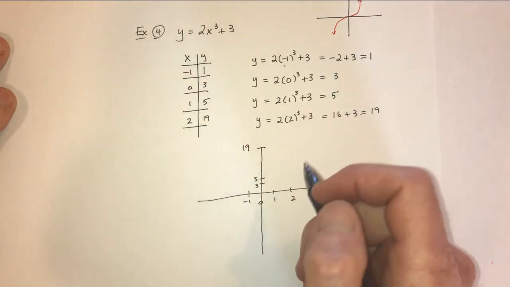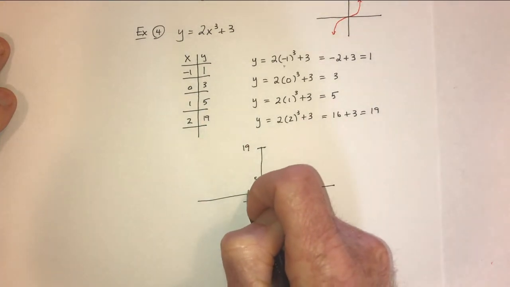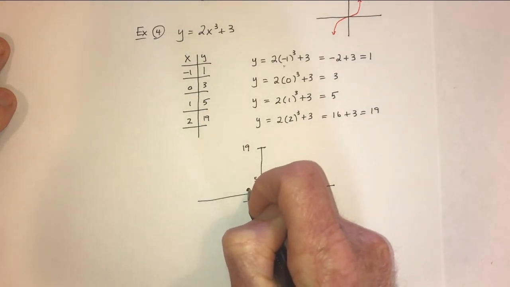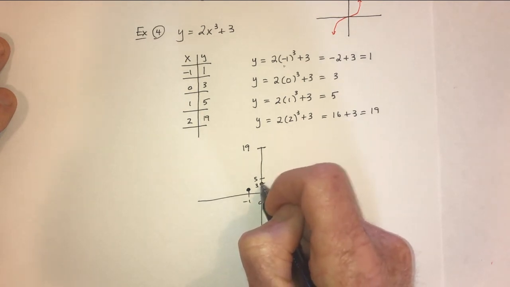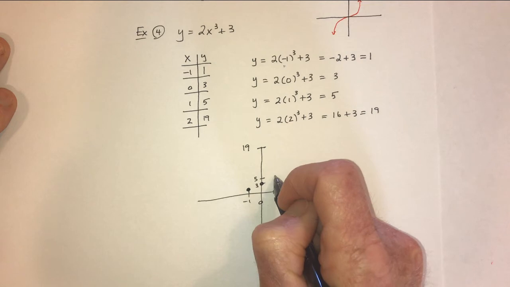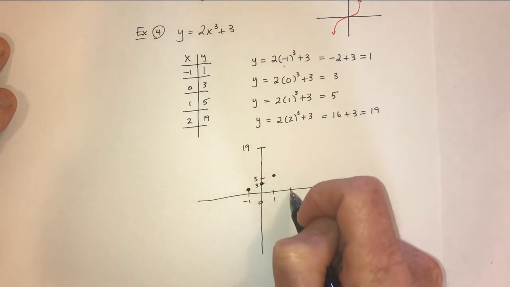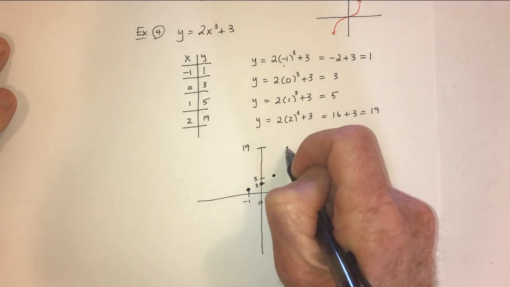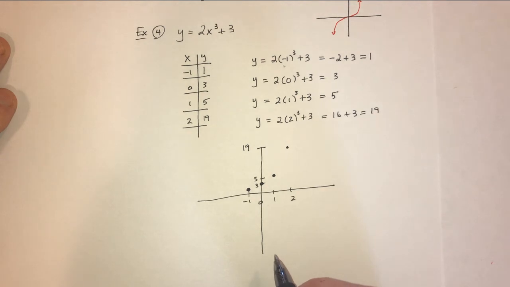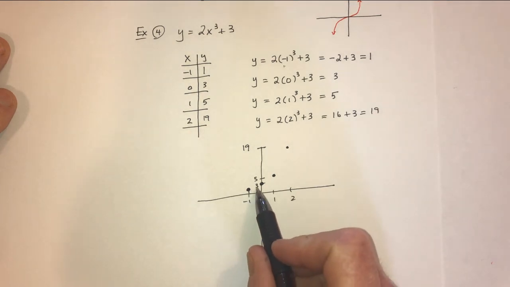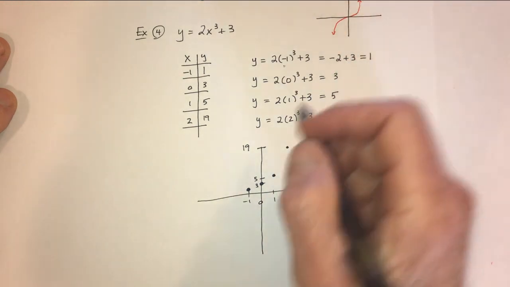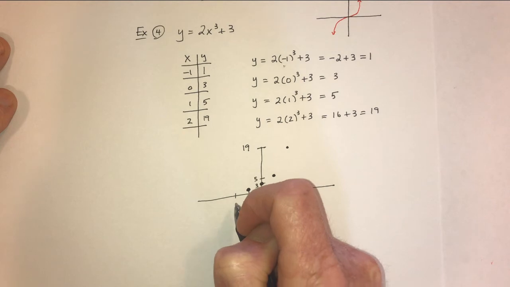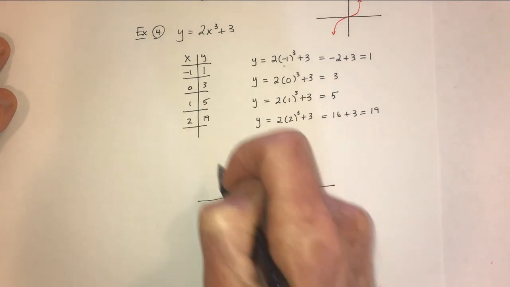So negative 1, 1 is going to be right about there. 0, 3 will be here. 1 and 5, and then 2 and 19. So I don't know about you, but this part right here looks like I only have this part. So maybe I should have picked negative 2 also.